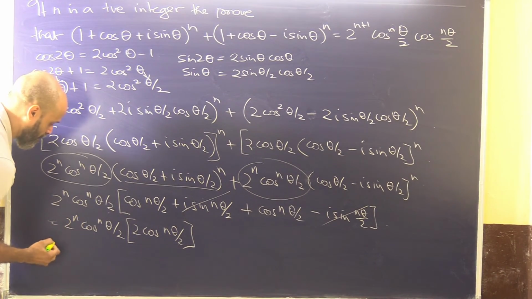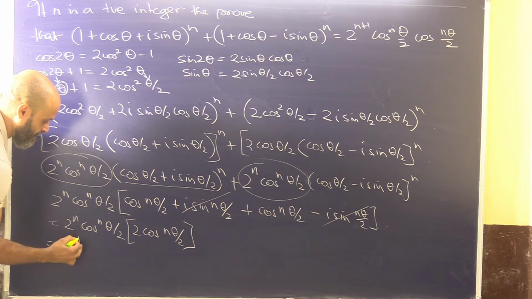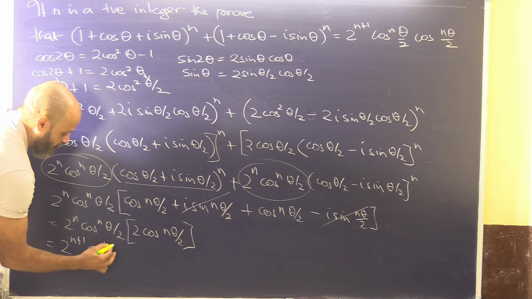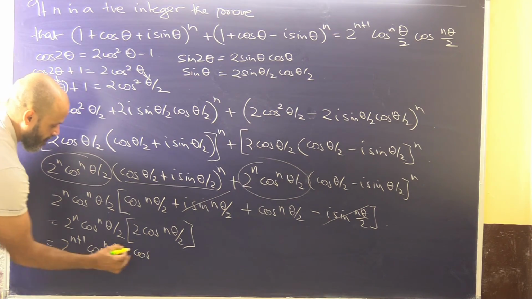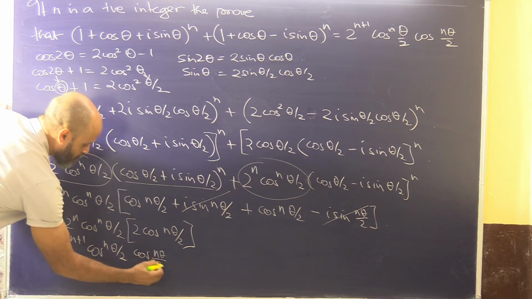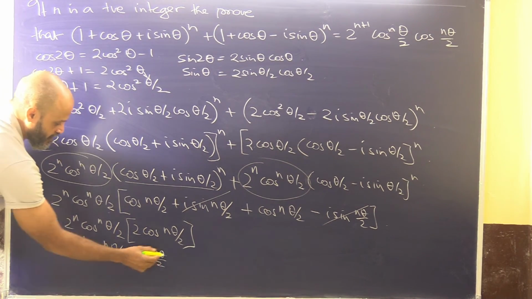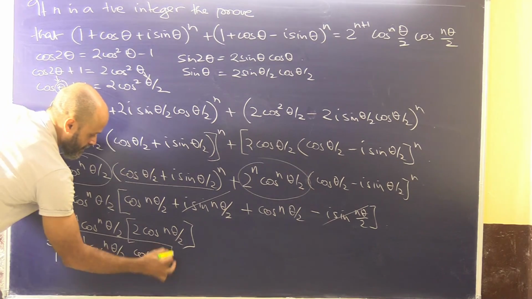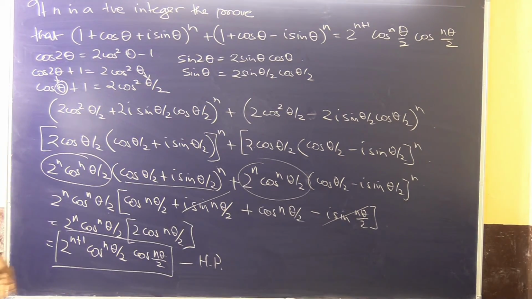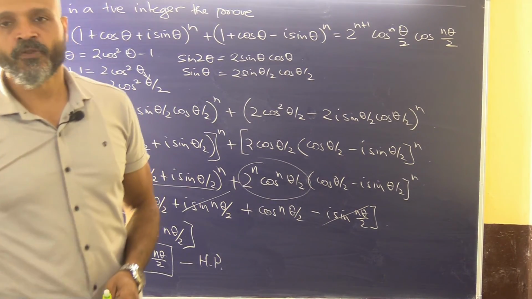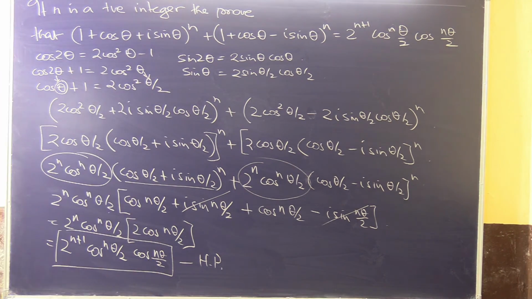If we take this 2 out, obviously it will be 2^(n+1) cos^n(θ/2) cos(nθ/2). This is cos to the power of n, θ/2, and this is cos nθ/2. So this is clearly hence proved. Alright, so we did a couple of problems on De Moivre's theorem.